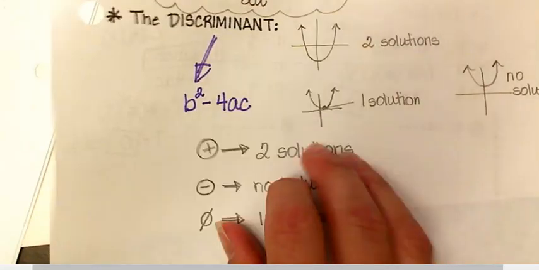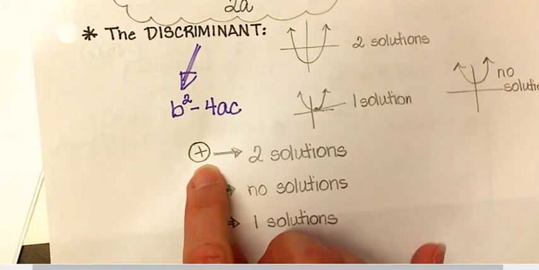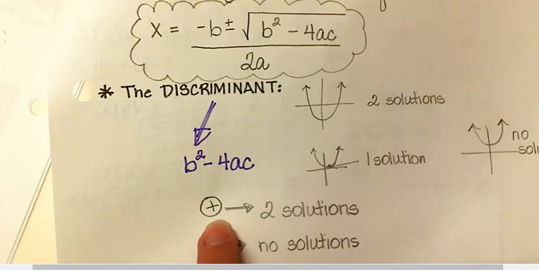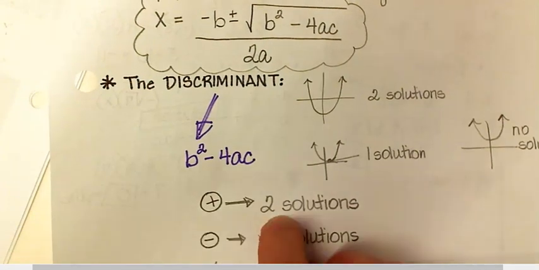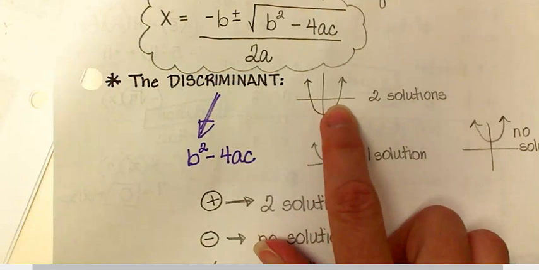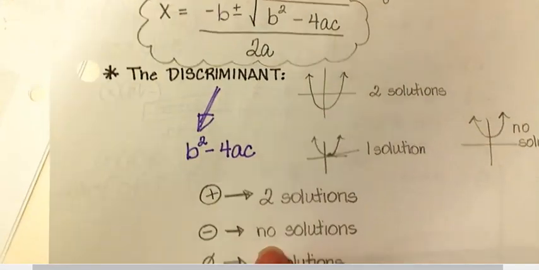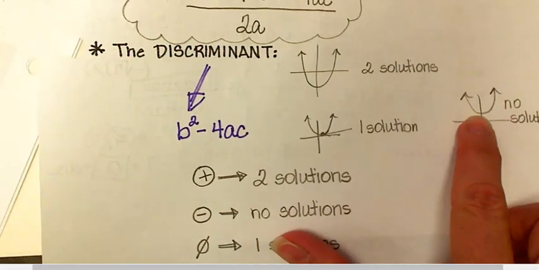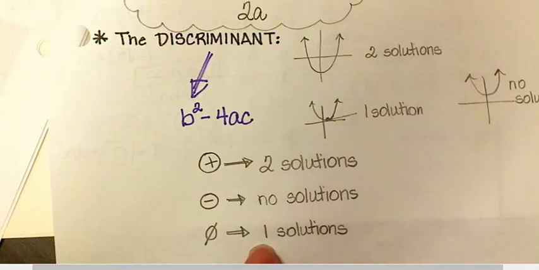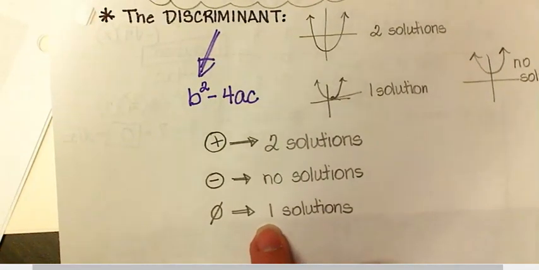If b squared minus 4ac turns out to be positive, then we're going to have 2 solutions because the parabola crosses the x-axis twice. If it's negative, we have no solution because the parabola does not hit the x-axis ever. And if we get 0 for b squared minus 4ac, then we only have one solution.